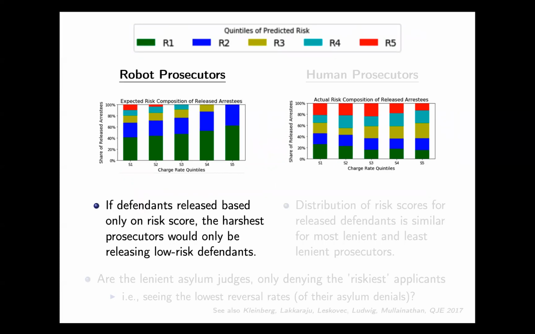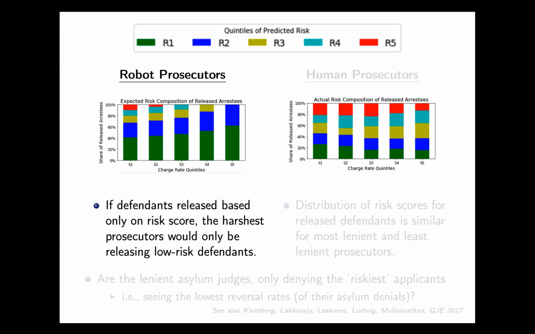If I'm a robot prosecutor releasing defendants based on the risk score, you might imagine the harshest prosecutor screening in the most individuals and letting home very few defendants would only be releasing the quote-unquote low-risk defendants, the R1s and R2s. On the other hand, if I'm a very lenient prosecutor sending home most of the defendants, you might expect to see the R4s and R5s.